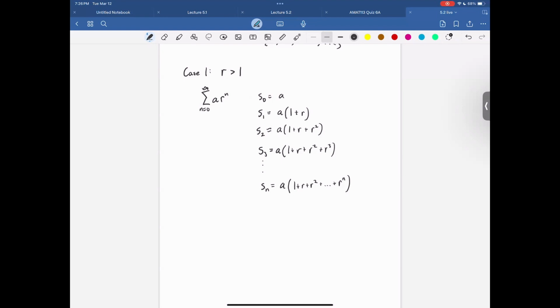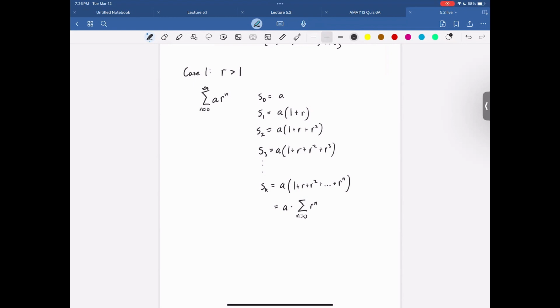Which we can rewrite this as a times the sum from n equals 0 to infinity of r to the n. Sorry, let's make this k. I'm using too many n's.